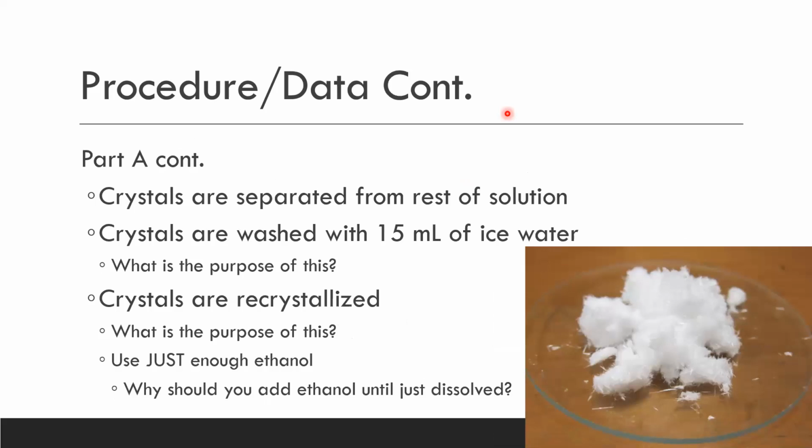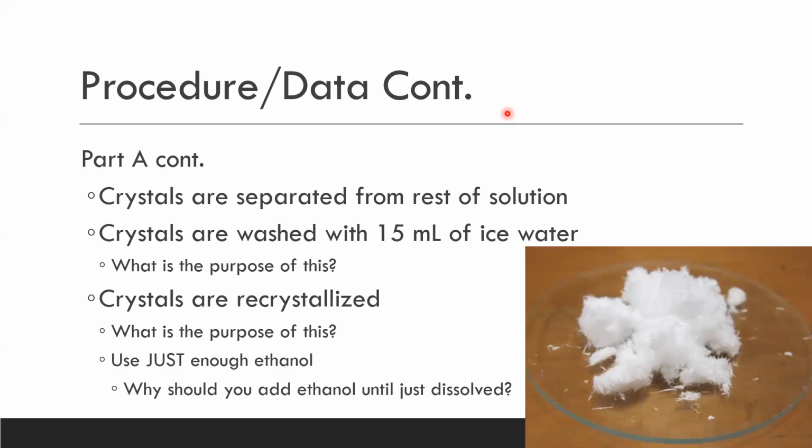All right, so continuing with part A, in the video, you're going to see a vacuum filtration setup. What you'll see is 10 mLs of ice water added to the flask. Then the crystals will be transferred onto the filter and eventually dried. Then the crystals will be washed with 10 mLs of ice water, and then they will be transferred to a beaker where ethanol will be added to the beaker, which contains the crystals.